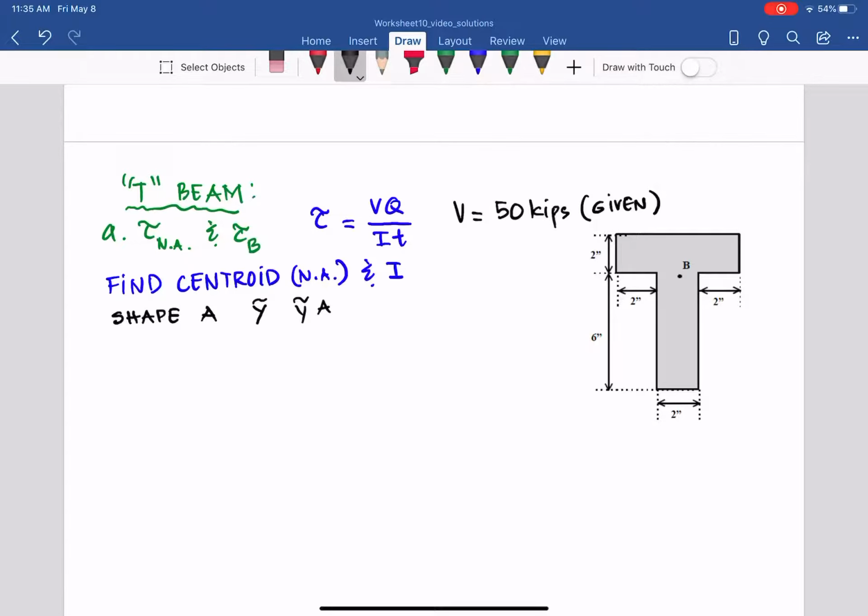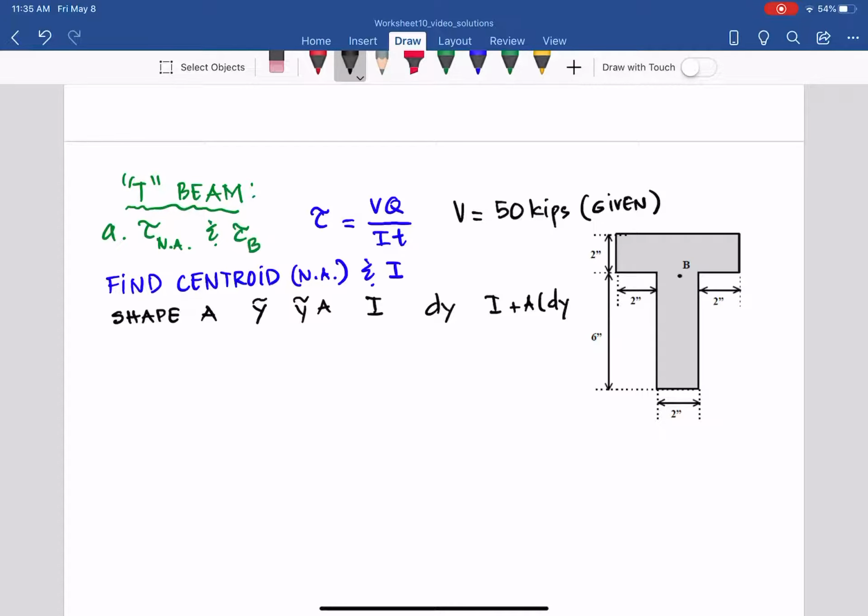y bar, and then we have I for each standard shape, and then the distance from the centroid to the centroid of each individual shape. And the last column will be I plus A dy squared, for the parallel axis theorem.